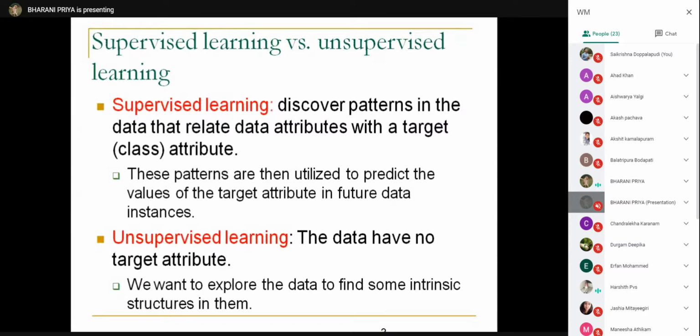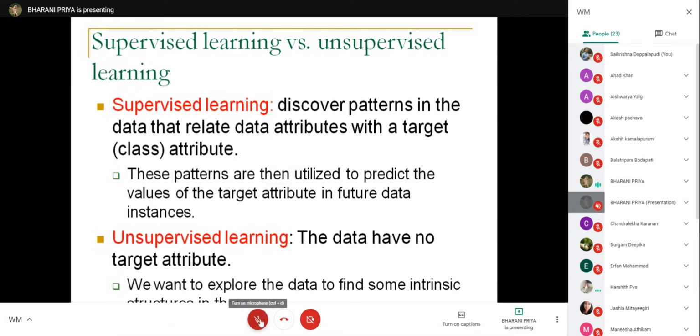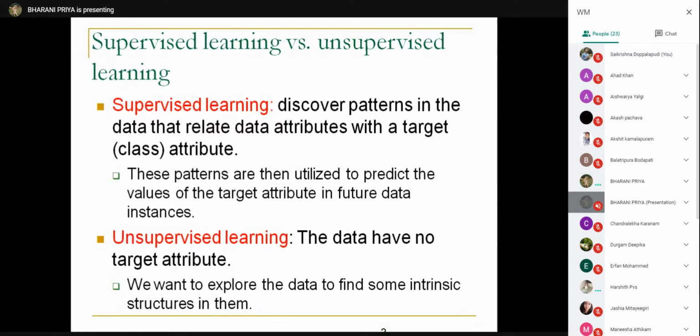How will you find the similarities? Proximity. Proximity and nearness, how will you find? Distance between the data. Yes, the distance. The most popular distance method you use is Euclidean distance.